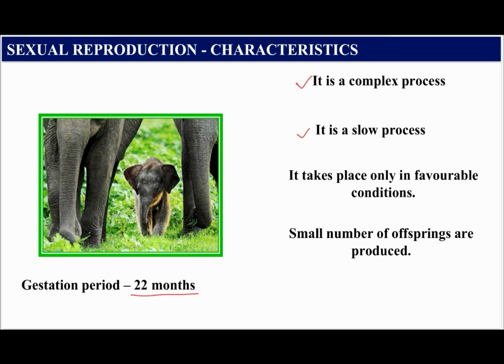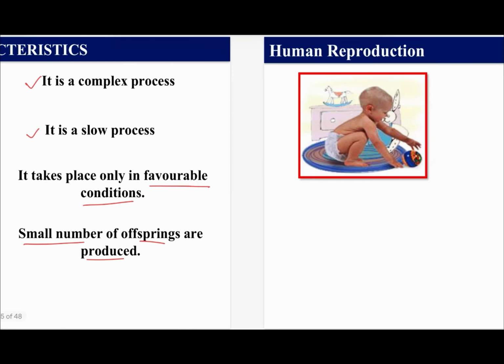It takes place only in favorable conditions. If there are unfavorable conditions, there will be no sexual reproduction. And in sexual reproduction, only a small number of offspring are produced. So these are the characteristics of sexual reproduction.